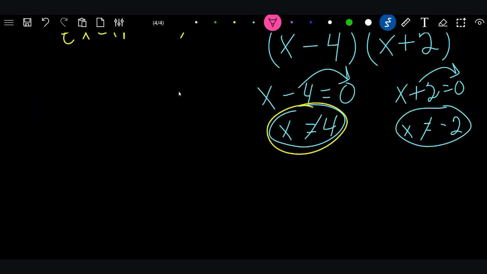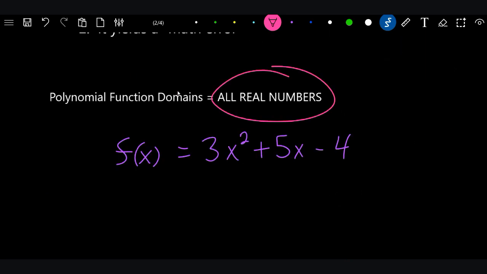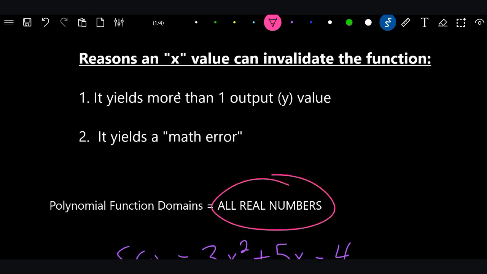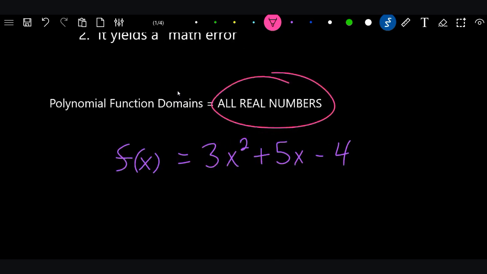Okay, so let's review real quick. Reasons why an x value cannot be in the domain of the function. Number 1, it yields more than one output. Number 2, it yields a math error or an invalid output. In polynomial functions, all real numbers work. There are no exclusions there.